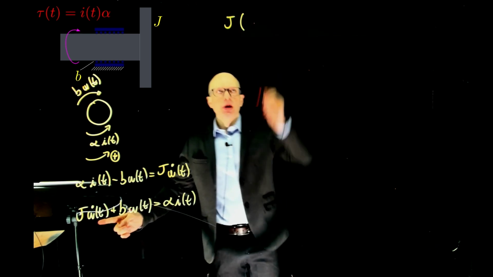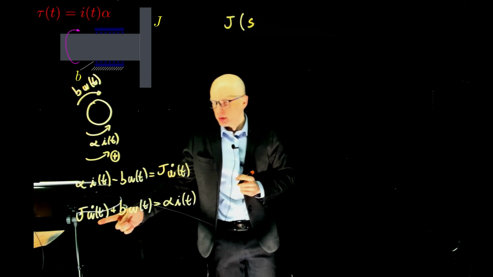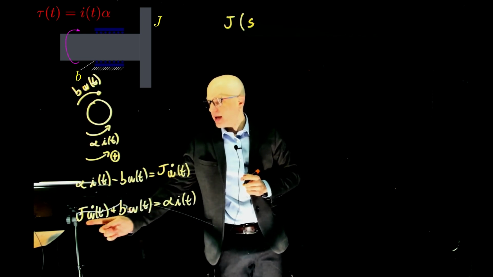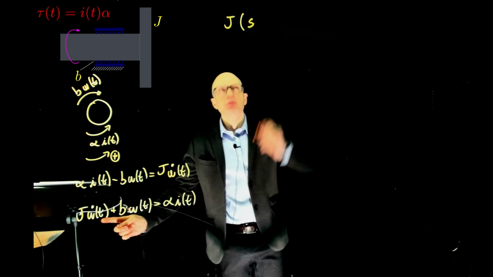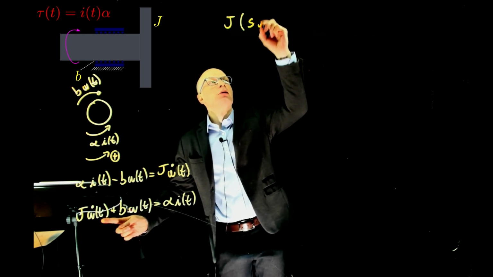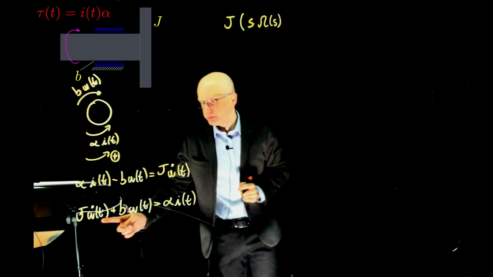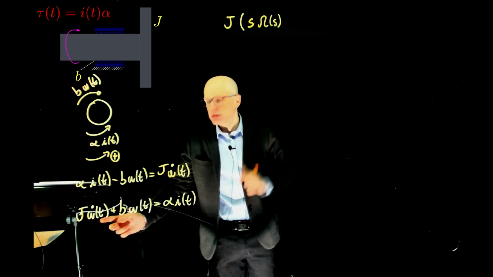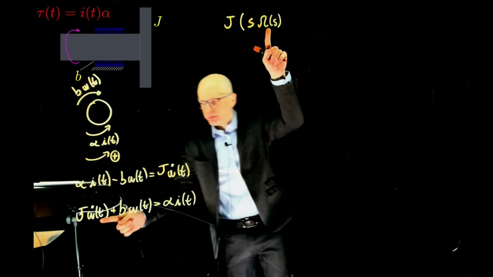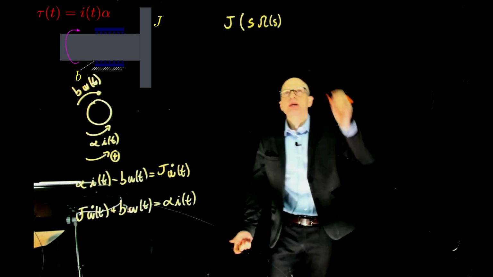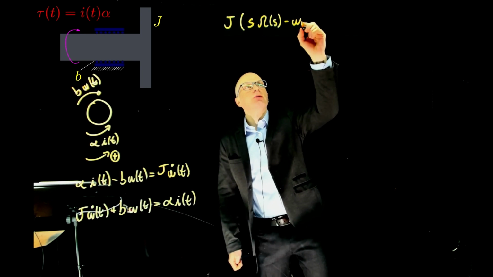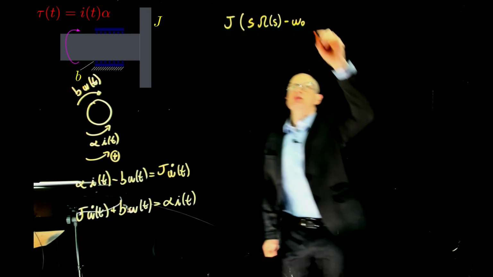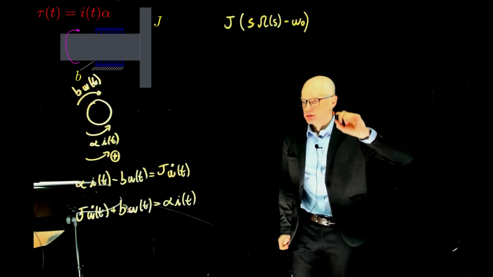The derivative becomes s times the Laplace transform of omega, which in this case is omega of s. So s times omega of s, minus the initial speed, which would be omega 0. In this case it is 0, but let's put it there because we can't forget it.